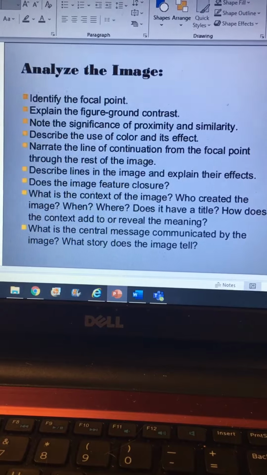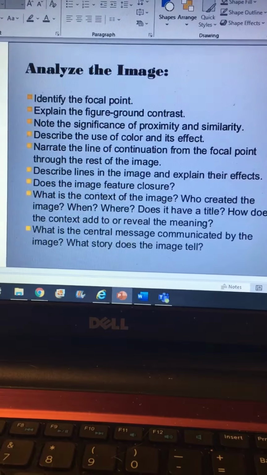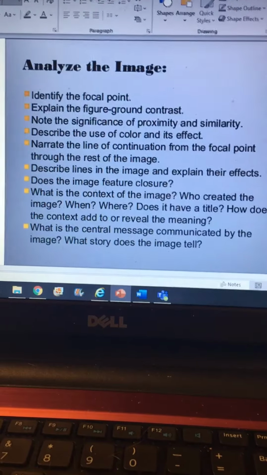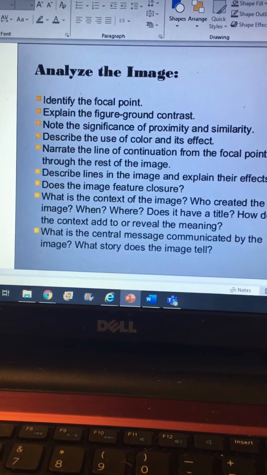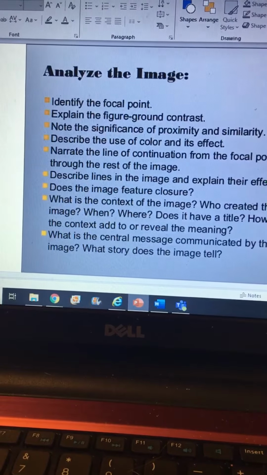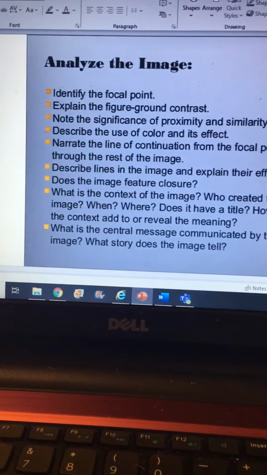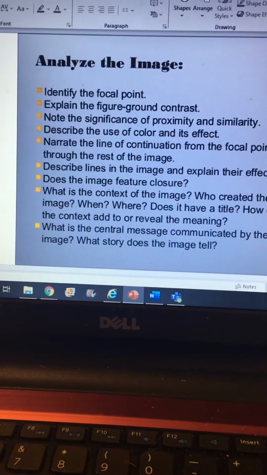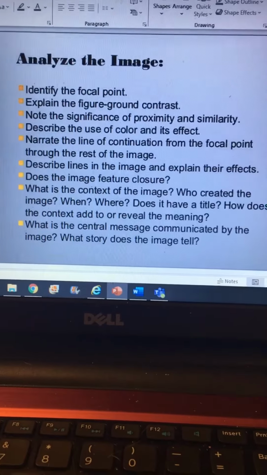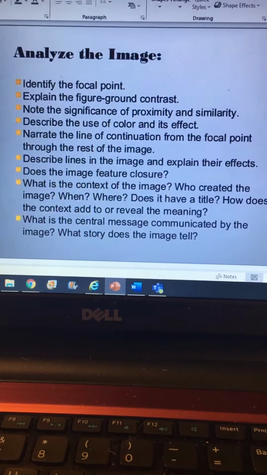You're probably like, what does that even mean? So the figure is defined as the object, and the ground is actually the background. What I mean by figure ground is that we tend to separate images into these 2 categories. We're looking at what is the object that we're interpreting and what in this image is background. So what is the contrast between those 2?